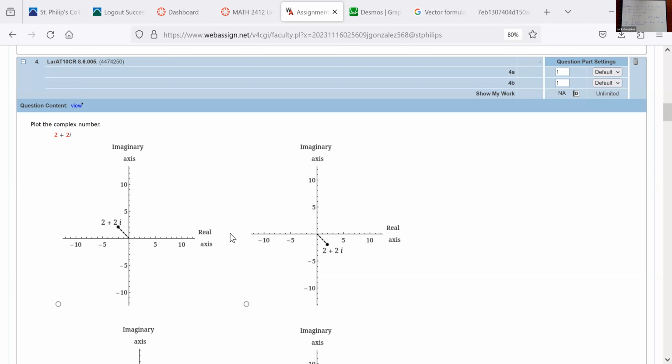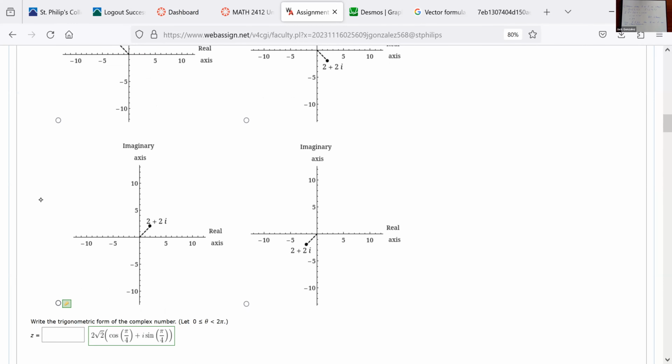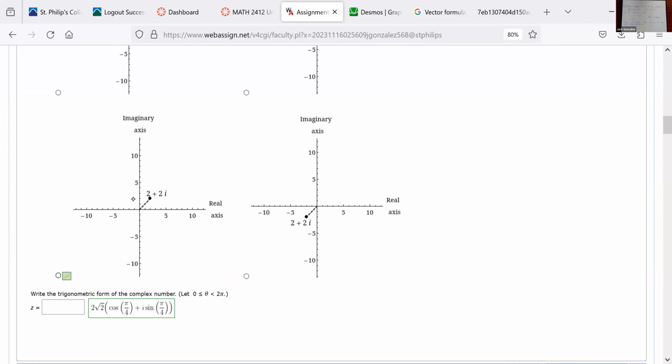Remember that this is the imaginary part and the real part. So it should be here, right? That's pretty much it. See? That makes sense?